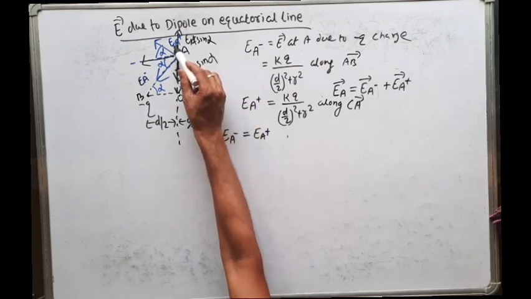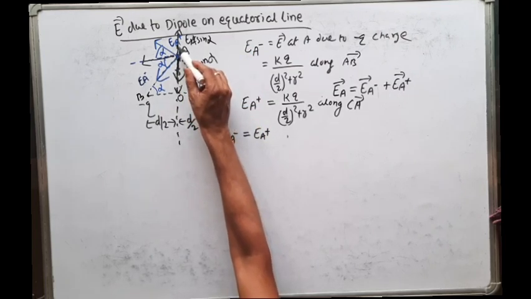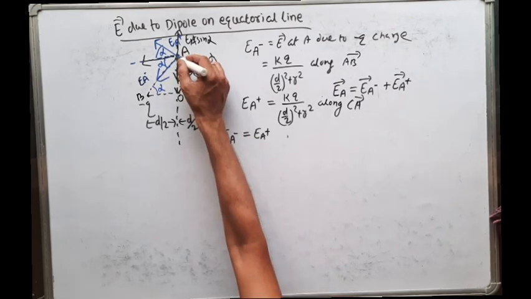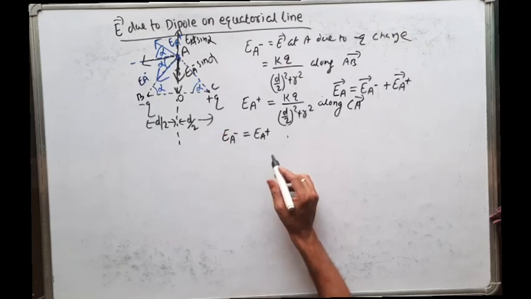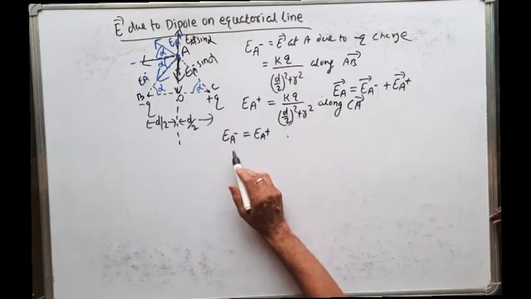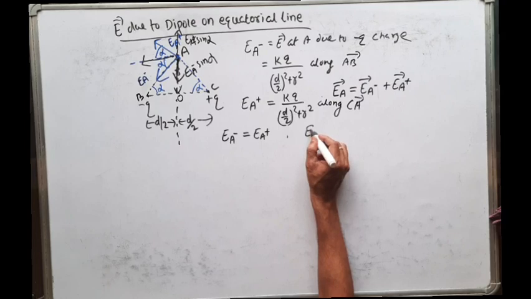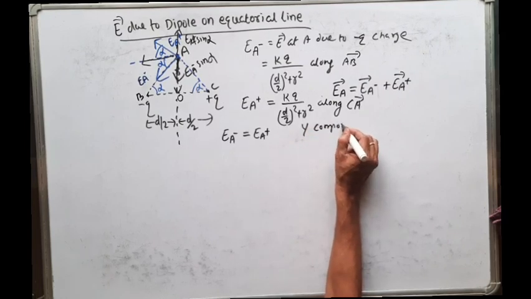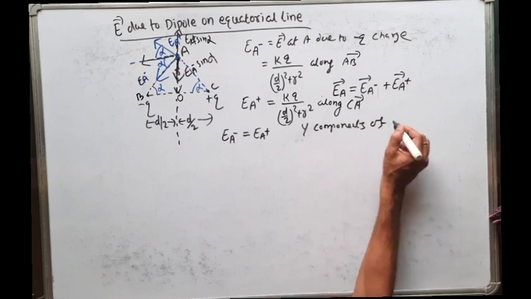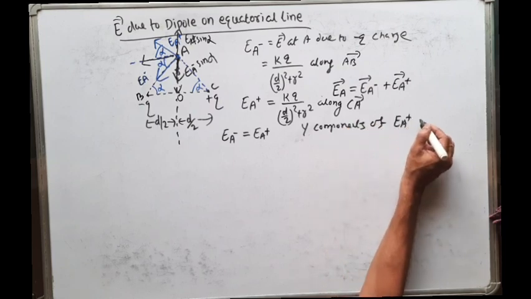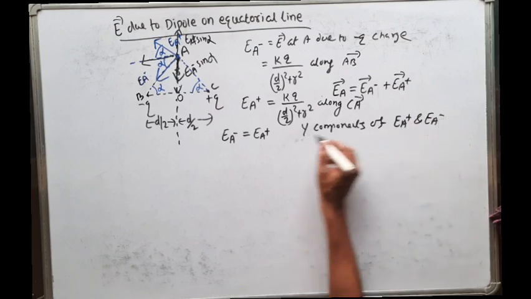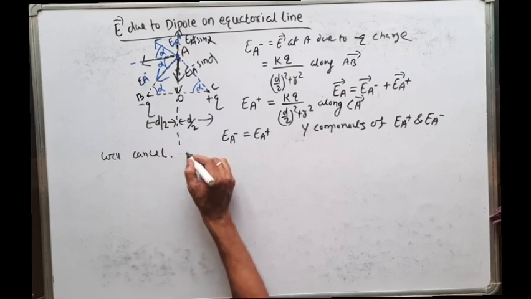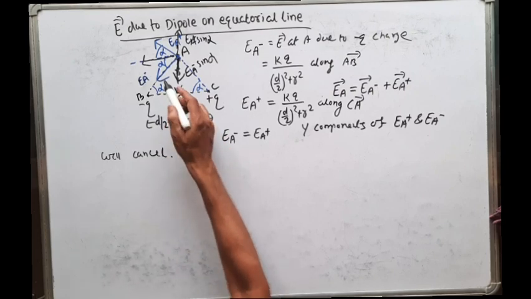These two vertical components have the same magnitude, and the direction is opposite, so they will cancel. Only which component will remain? Only the x component. So we have to find the total electric field intensity. So here we can write the y components of EA plus and EA minus will cancel. So only the x component will be there.